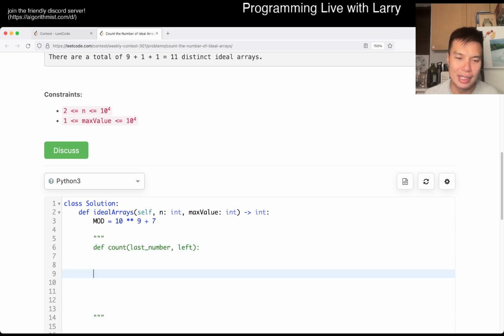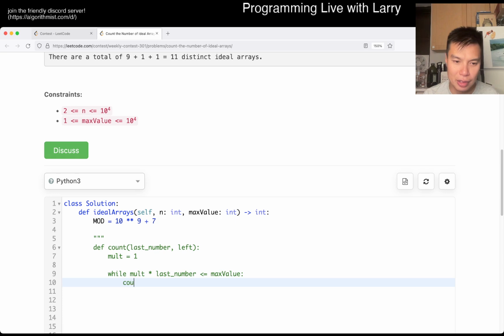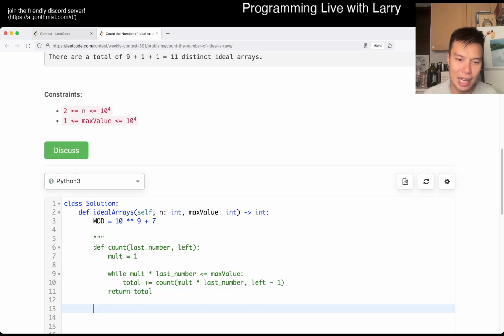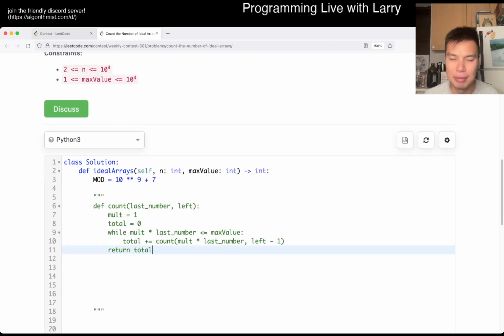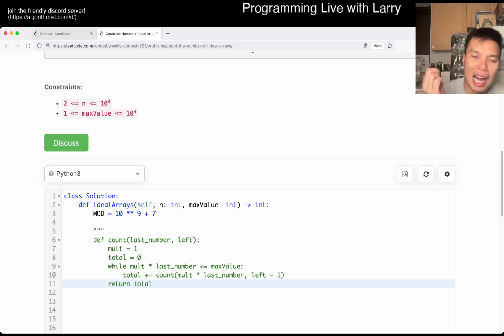Then you can do a rough for loop for x: multiplier is equal to 1, while multiplier times last number is less than max value, count total, we add the count of multiplier times last number with left minus 1, and so forth, return total. Then we add memoization and take care of mod. So this is basically the first idea that I had.